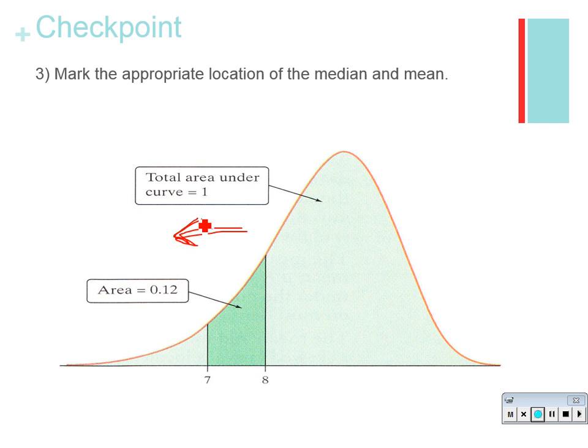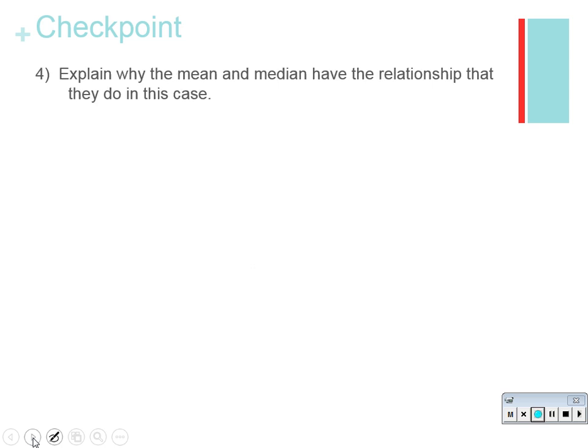So in this particular curve, the mean is going to be slightly less than the median. This is approximately where the mean and the median should be. As long as you have the mean being slightly less than the median, that's a good place to start with something like this. In terms of exactly where you put the mean and the median, we're going to take a look at that in a moment.